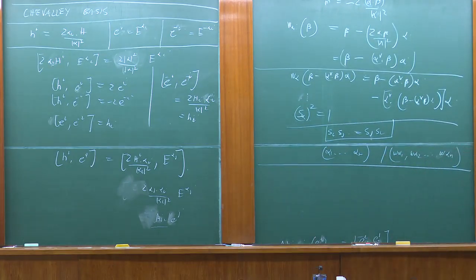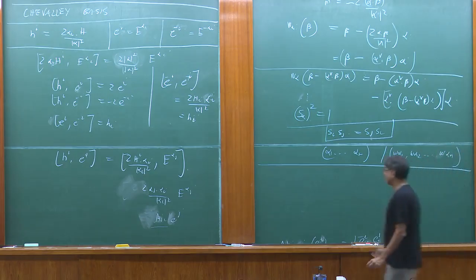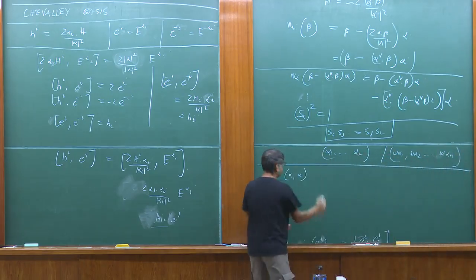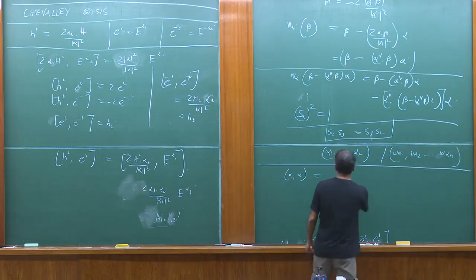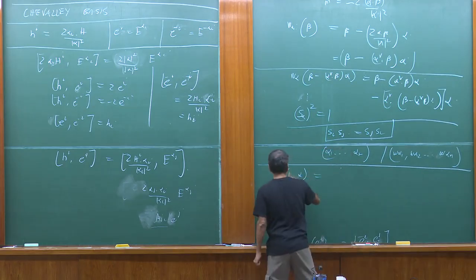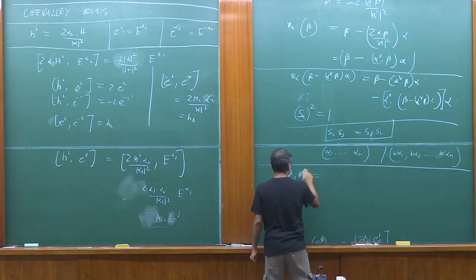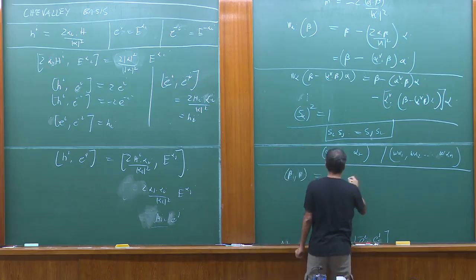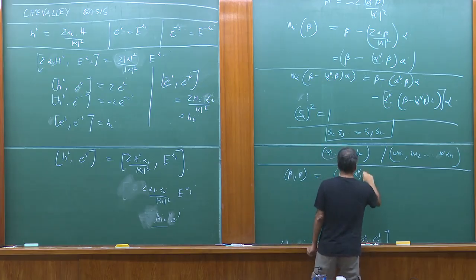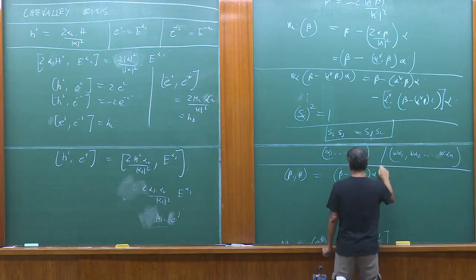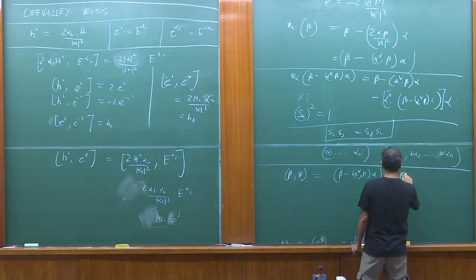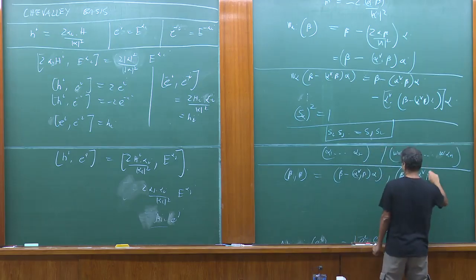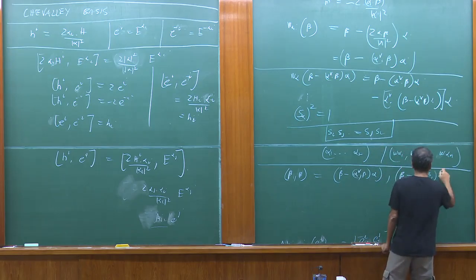Let's look at the inner product of two roots. Suppose I take the inner product alpha, alpha. Now let's compare this with the inner product beta, beta. Okay, let's compare this with the inner product beta minus alpha v beta, alpha, beta minus alpha v beta, alpha.